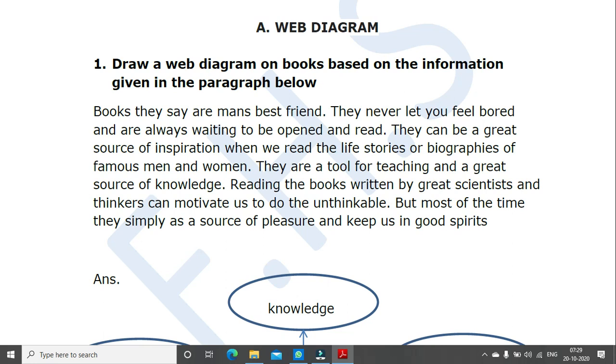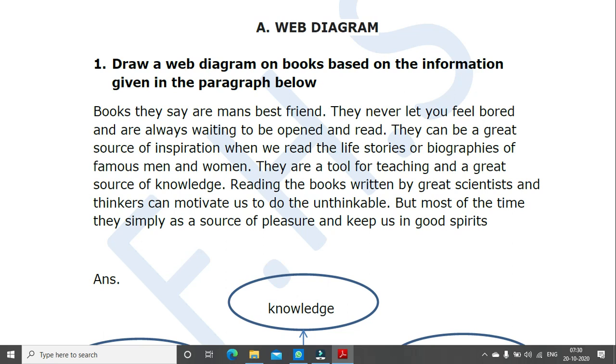You will have the main heading or the title, what the web diagram is about, in the center, and around it, like a web, you will have the other points related to that main title. Clear?